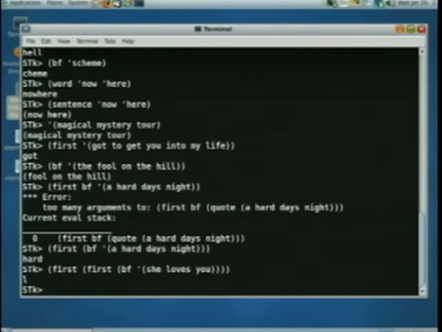The other 10% of Scheme language, we can give names to things. So I can say four.